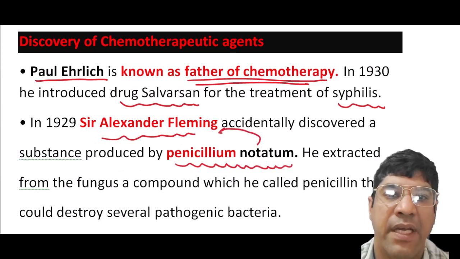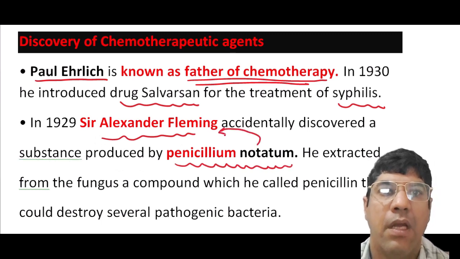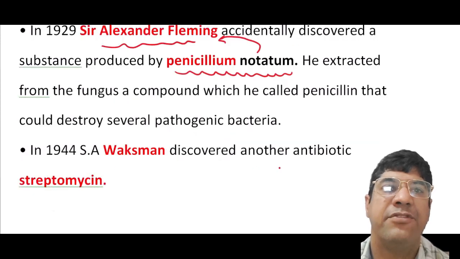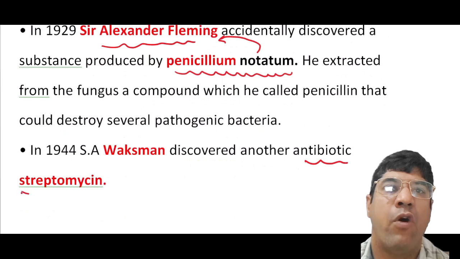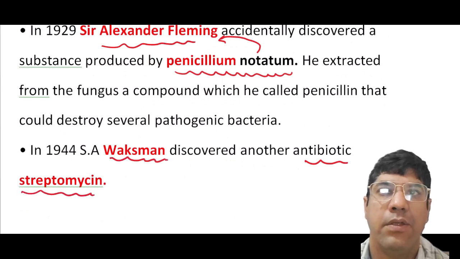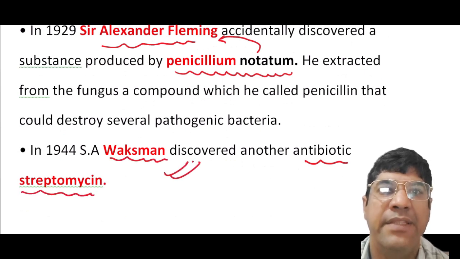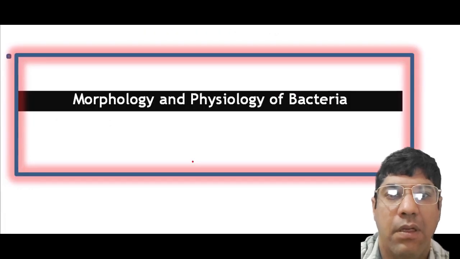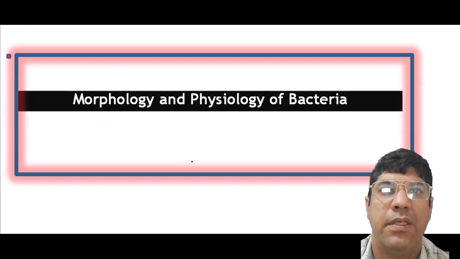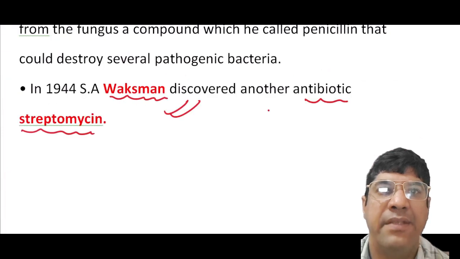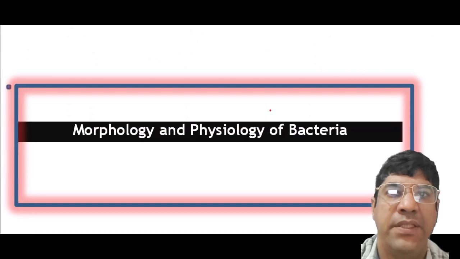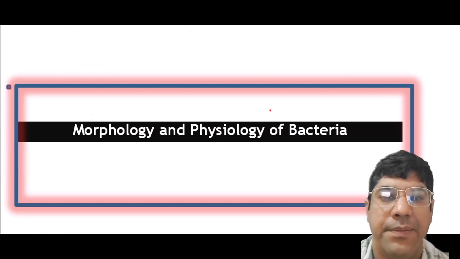It was Alexander Fleming. Who introduced the antibiotic streptomycin? It was Waksman. So Waksman discovered the antibiotic streptomycin.